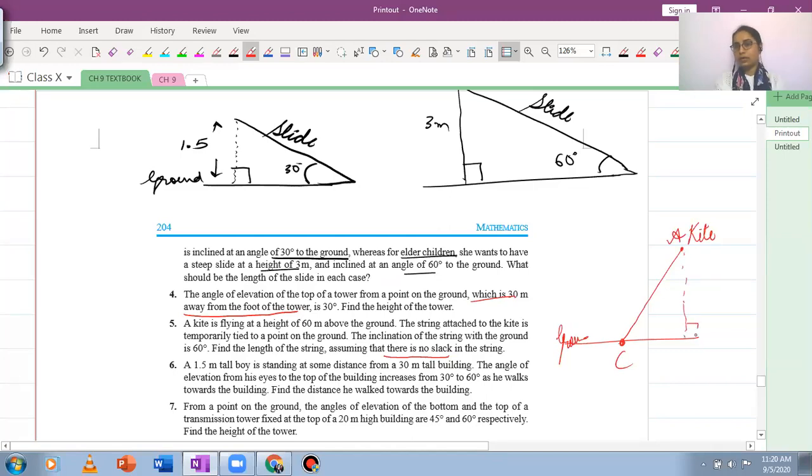The height of the kite means the vertical height. Remember this, whenever they say the height of any object, that will be the vertical height. So when they say the height of the kite is 60 meters above the ground, that actually means the vertical height. However high the kite's position is above the ground vertically. The angle at which the string was tied to the ground is 60 degrees.